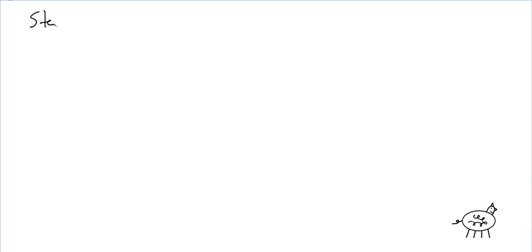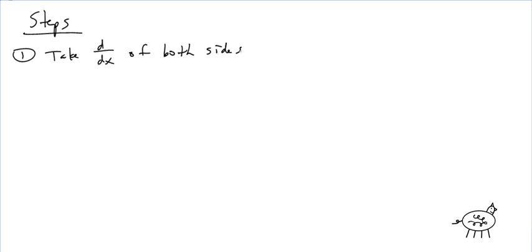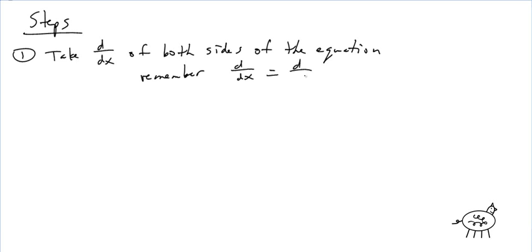So these are steps for implicit differentiation. The first step is you're going to take d by dx of both sides of the equation. And again, remember, d by dx is equal to d by dy times dy dx.